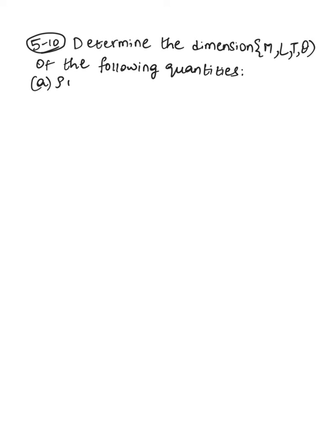There are 4 parts of this problem. Part A, rho u times dou u upon dou x. Part B, integral from 1 to 2 of p minus p naught times dA.